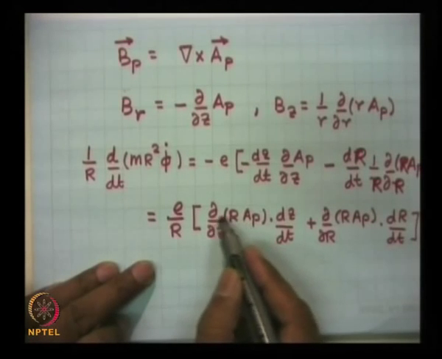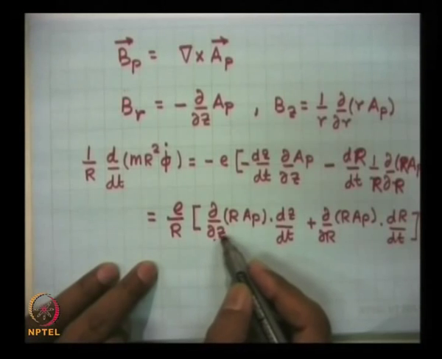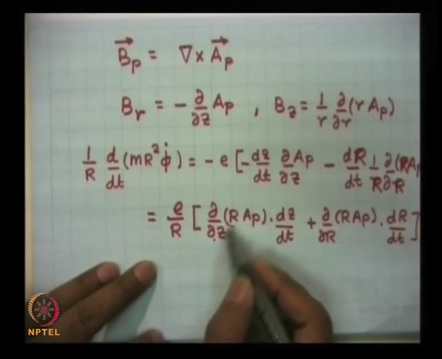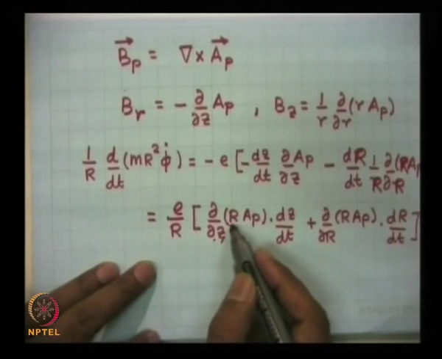Here R I have taken inside the delta by delta Z operator, because R is independent of Z.